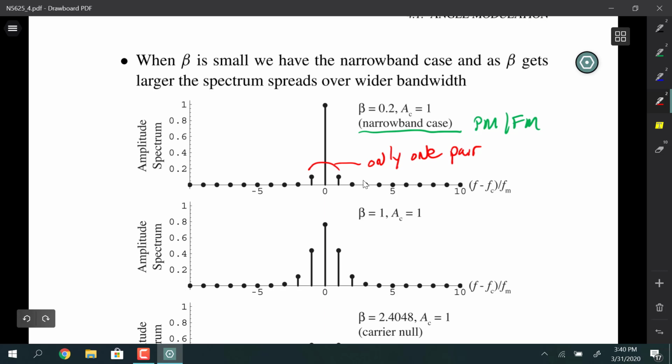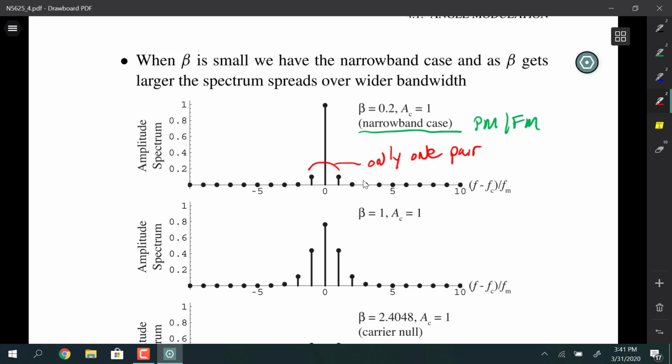But although I'm writing that on the slide, only one pair, in actuality there are pairs outside of plus and minus FM about the carrier, but they're just way down in decibels.